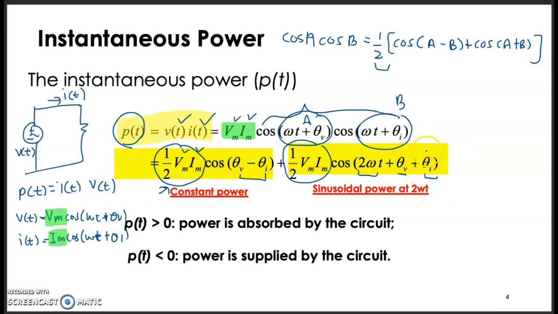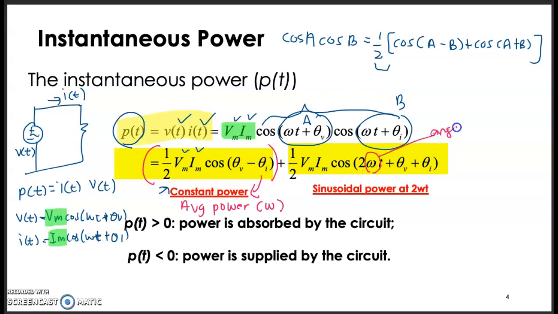Once you got this formula, what does this mean? The front part, the constant, we call the constant power or average power. This is the real power from the AC circuits, in watts. The other part involves omega, the angular frequency, so it changes by time. We call this the sinusoidal power.